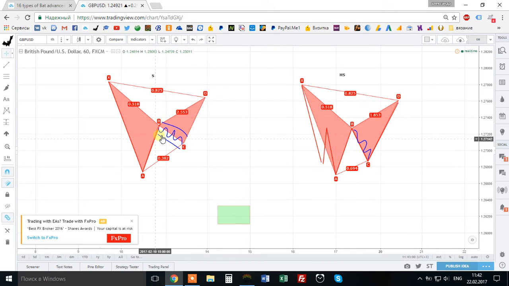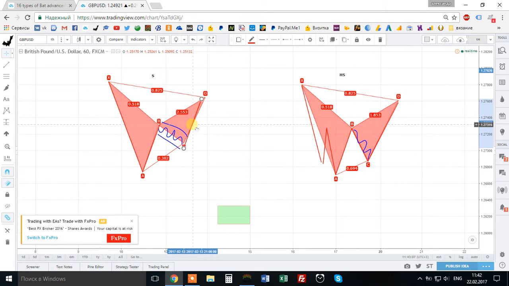But sometimes when we have a flag here, because many people are taking targets as one-to-one measured movement of those flags, it sometimes works very good in case we have a harmonic coincidence. So N means no flag, F means flag. HSN means head and shoulders, no flag.